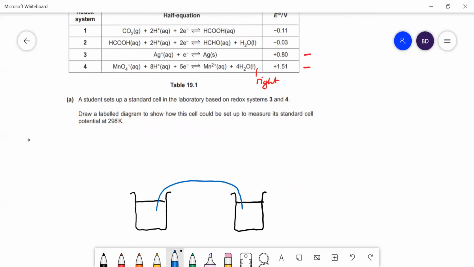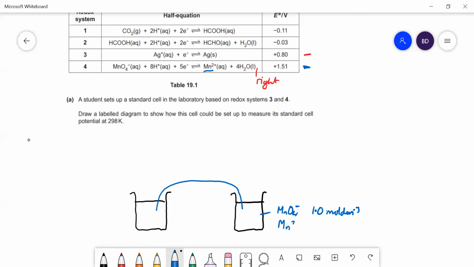Right, let's look at the right-hand side one, the manganate one first. What ions have we got in there? We've got manganate ions, so that would be potassium manganate 7. And the concentration of that should be, is it standard conditions? It should be 1 mole per decimeter cubed. You're also going to have some Mn2 plus ions in there.